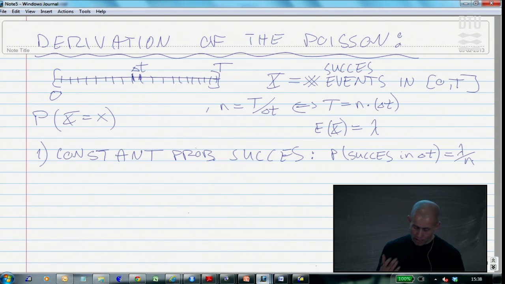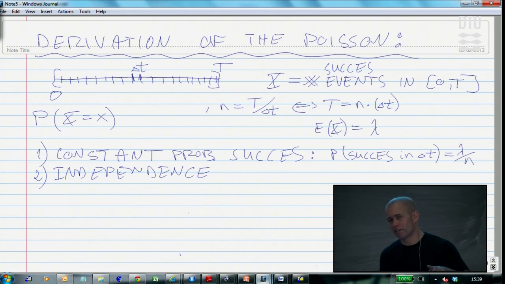So that's the assumption of homogeneity, that it's not like we have one intensity in one end and another intensity in the other end. It's the same intensity across the whole thing. That's the first assumption. Second assumption, I'll just write independence. Independence means that events do not influence other events.